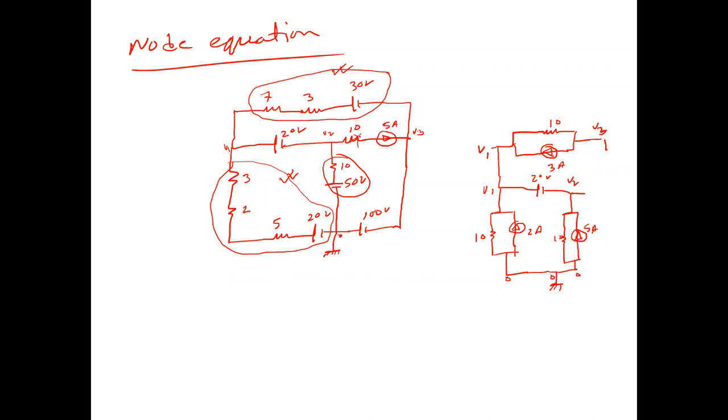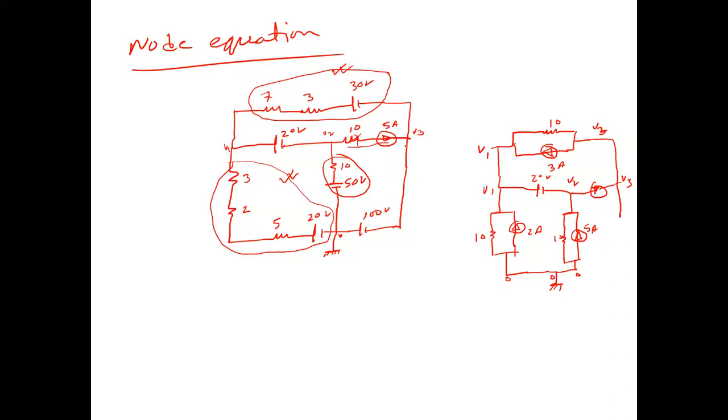This is the one resistance, and this is the current. So if the current and resistance are in series, this resistance is ohmic. Clear? So only this is the 5 ampere current. So this is the V3, and this V3 to another 0 position.